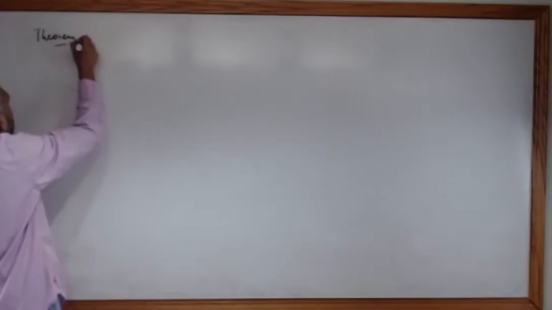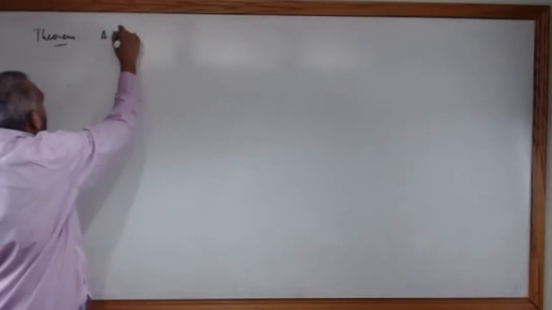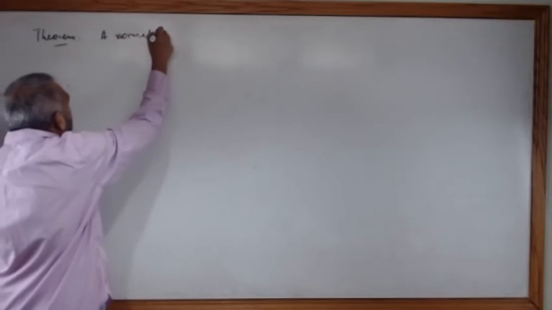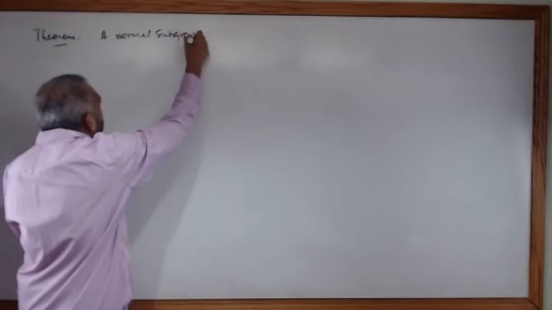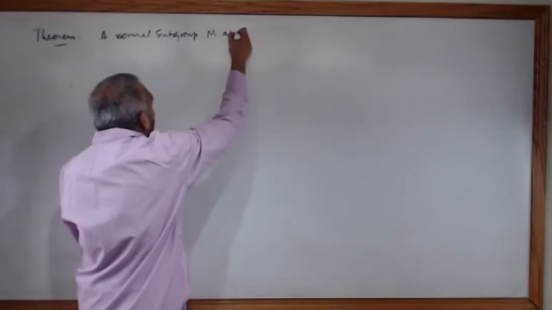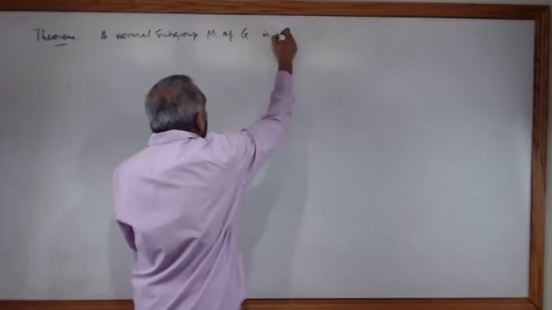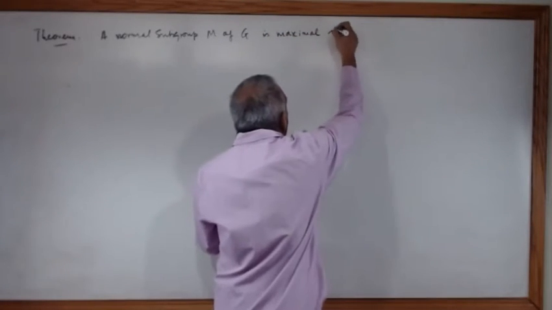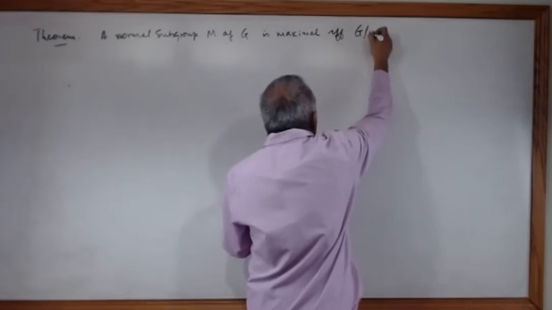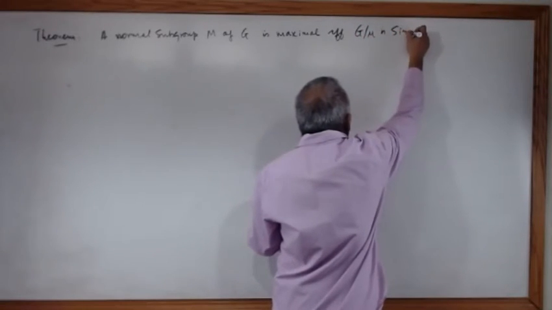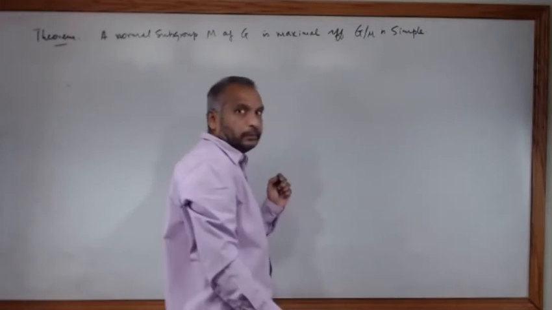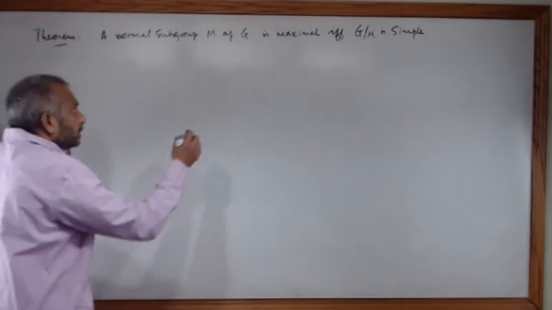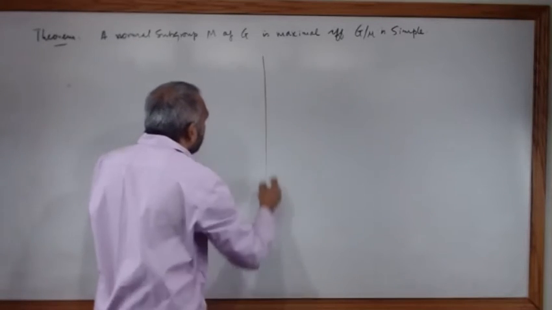A normal subgroup M of G is maximal if and only if G over M is simple. So this is the two-part proof.